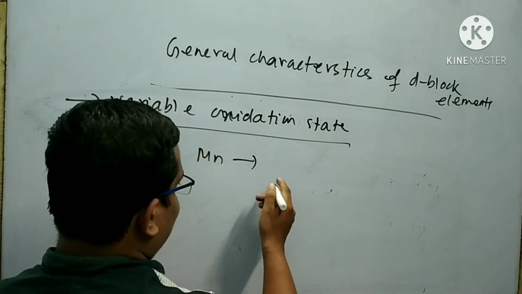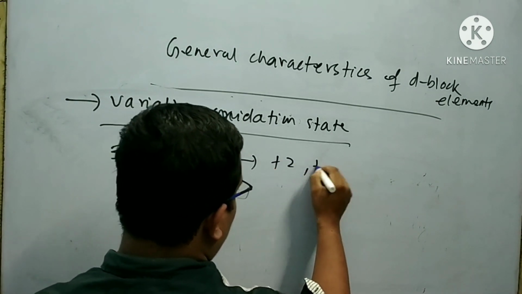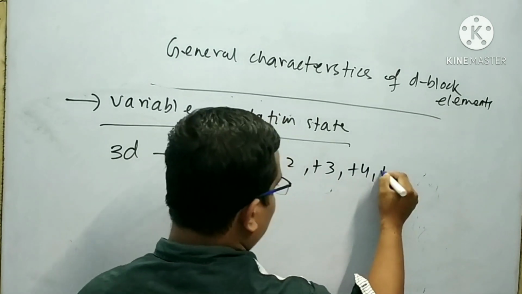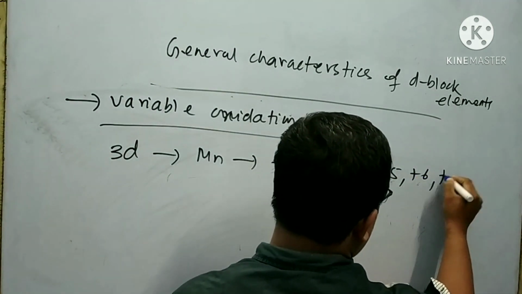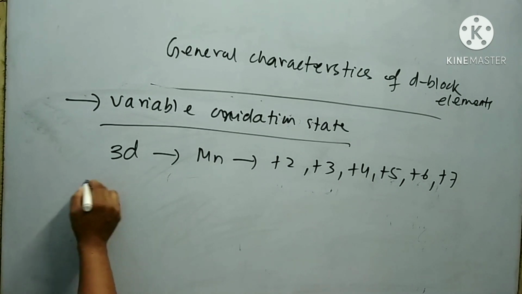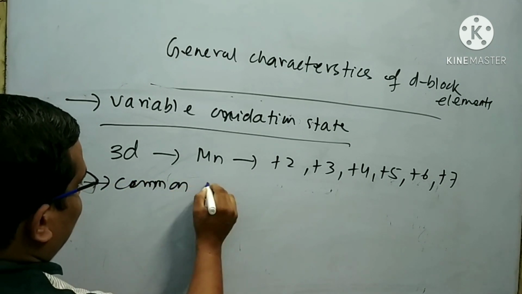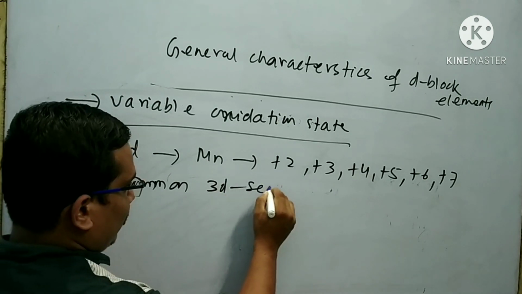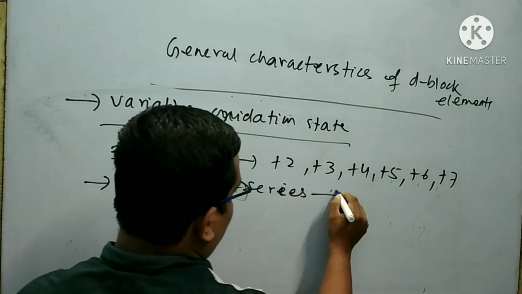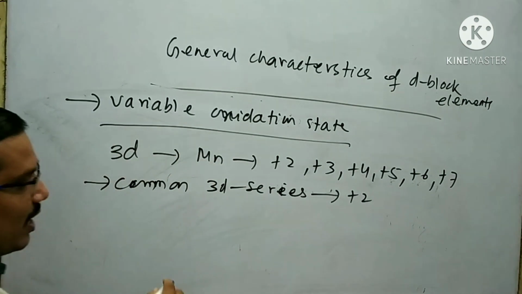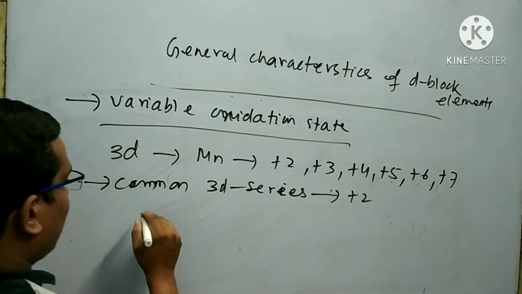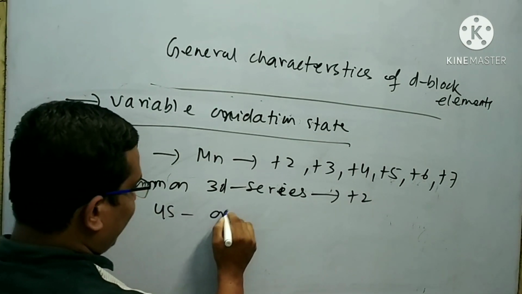The oxidation states of manganese are +2, +3, +4, +5, +6, +7. The common oxidation state for the 3d series is +2. This is due to the removal of 2 electrons from the 4s orbital.